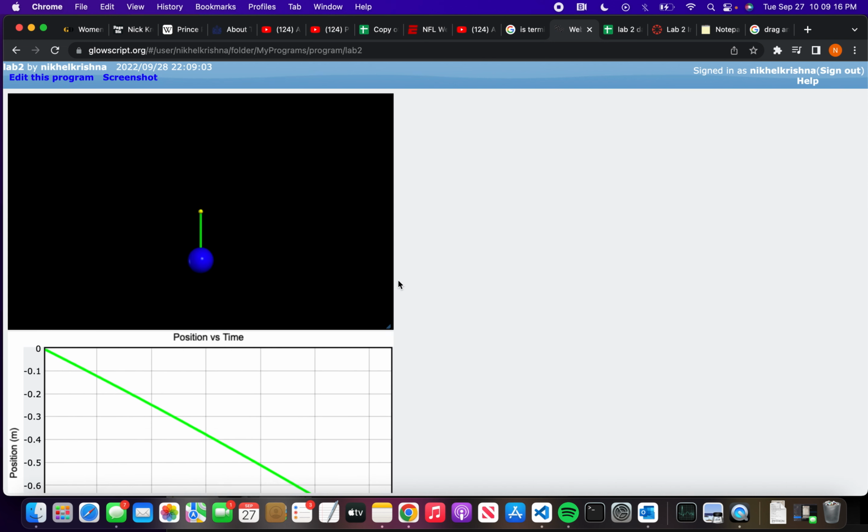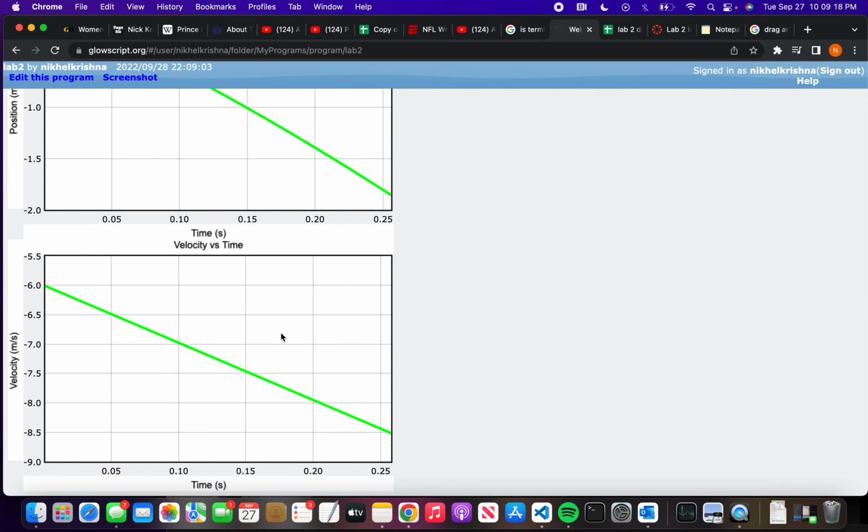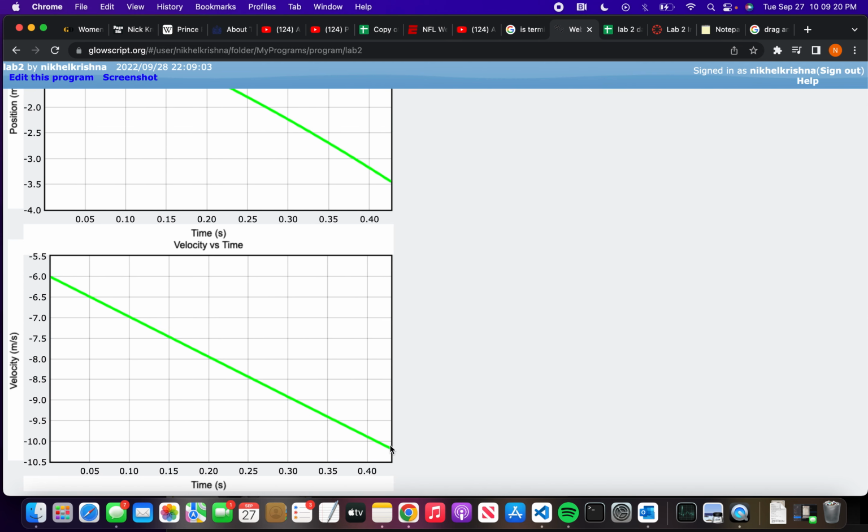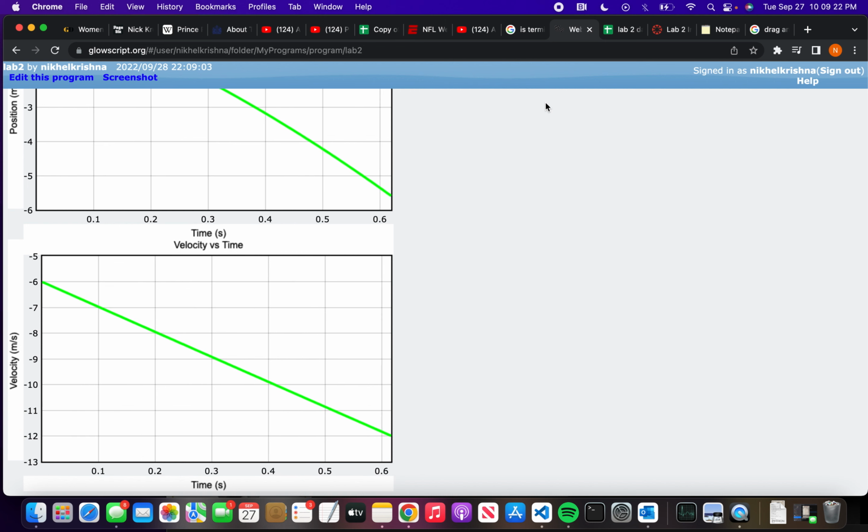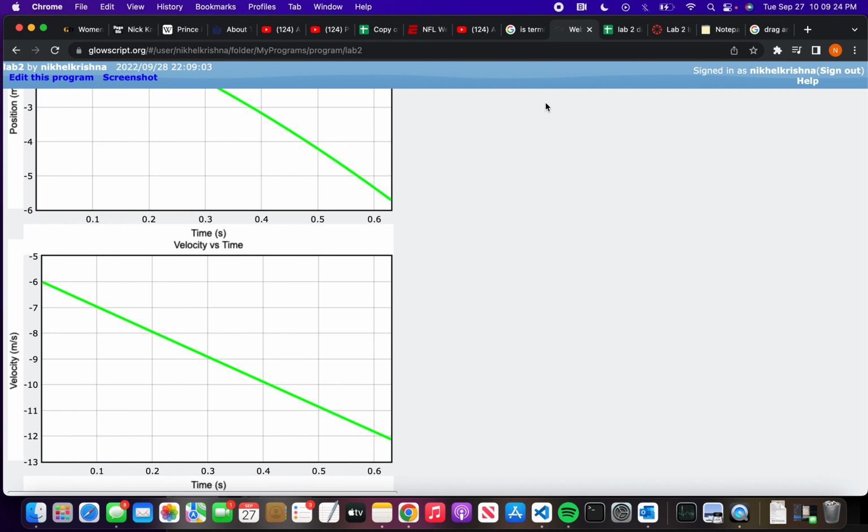When we run the program, the graph is very similar to the graph that we created when there was no initial velocity. This is because terminal velocity is generally based on the actual object rather than the initial conditions of the movement.